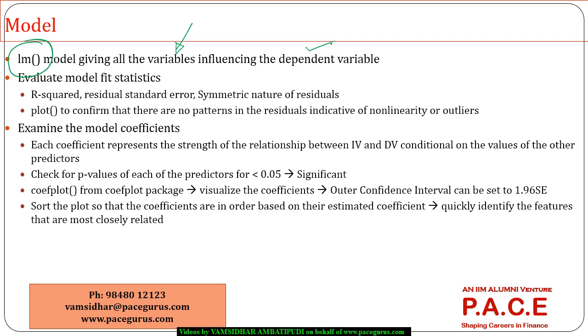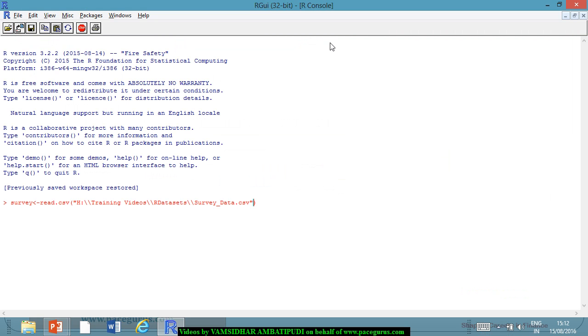So we can use the same lm function which we have used earlier for the simple linear regression model. I can very well use it even in the case of multiple linear regression also. So for that I am getting my data, the survey data, with read.csv, pulling it from the location where it is on my system.